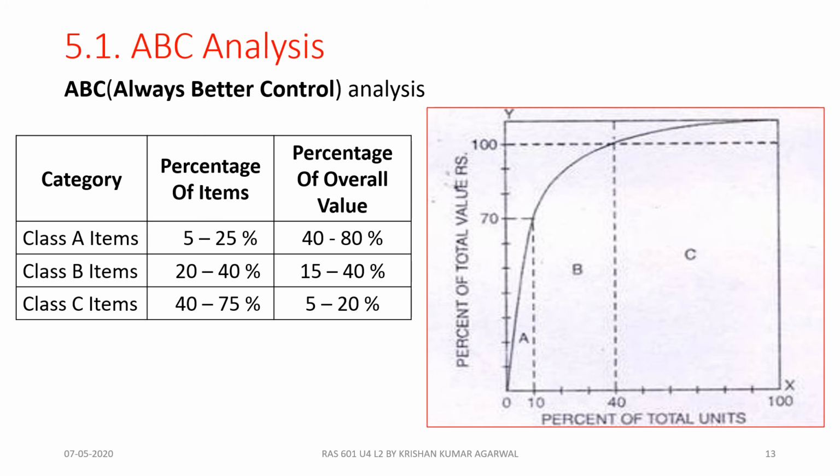In a particular organization, a manufacturing concern, almost 5 to 25% of items, or for a mean value 15% of items, are of such kind that they consist of 80% of the value in terms of money, and they should be stored in a proper quantity. If those particular materials are properly managed, then 80% of the cost incurred is to manage only 15% of the items used as inventory.